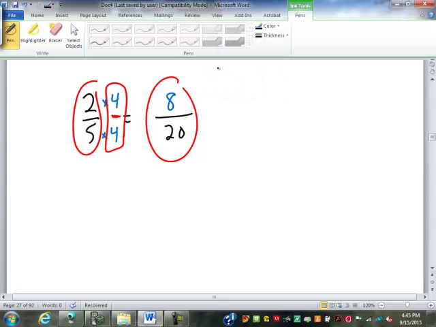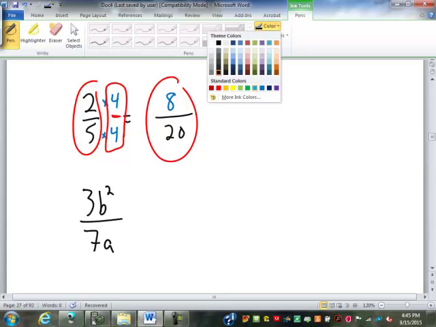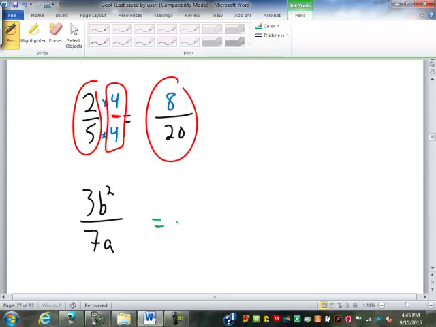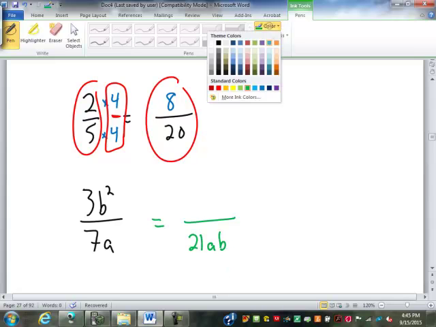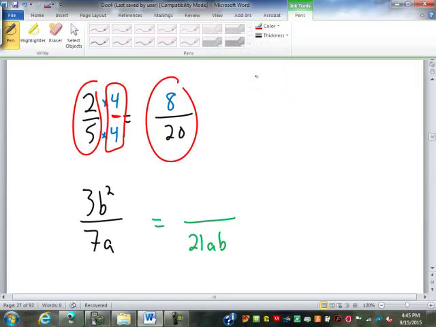Well, with our algebraic fractions, the same type of process is going to apply. Let's say we have 3b squared over 7a. And I need a denominator of 21ab. So looking at this, what do I have to multiply 7a by to make it 21ab?